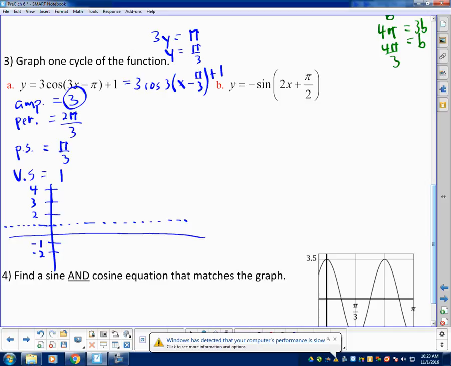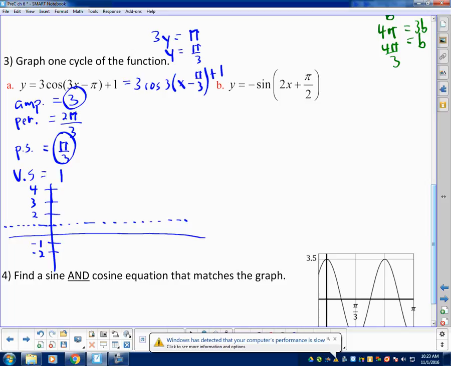Now, I'm going to go ahead and find my increment here. It says add the increment length to the starting point 4 times. So let's go ahead and find the increment, and then we'll add it to this pi over 3. So we're going to start at pi over 3, but I'm going to find my increment first here.